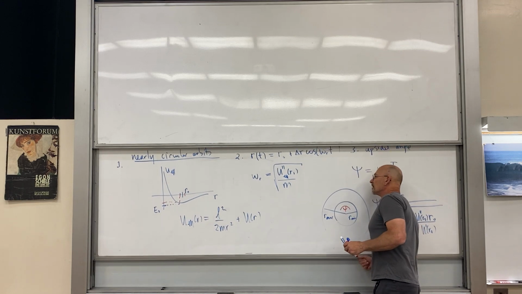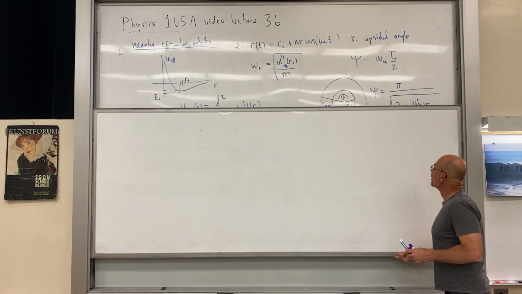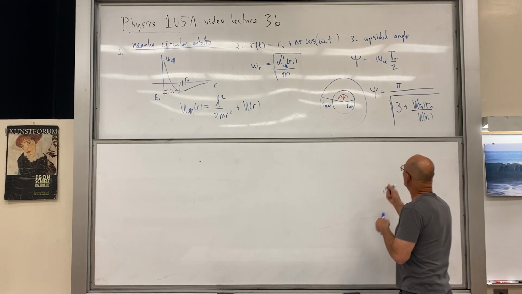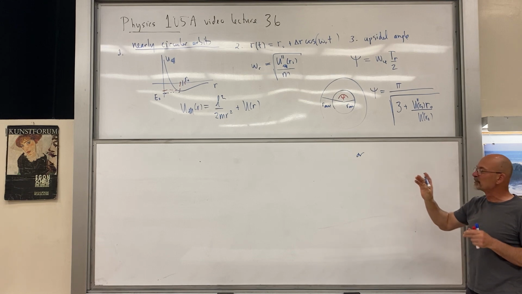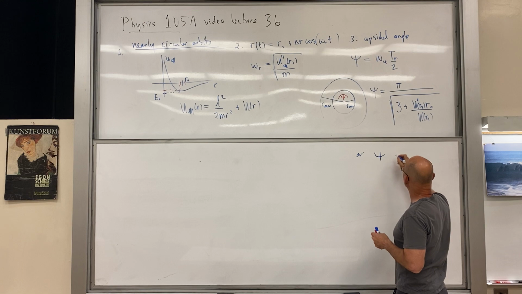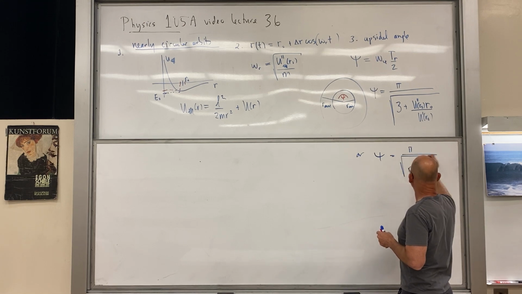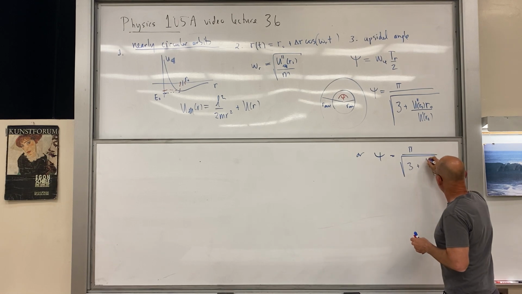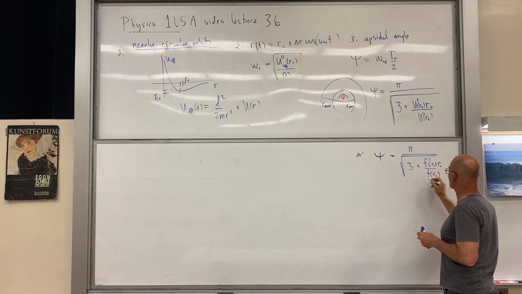For future reference, if we're given the force law and not the potential energy, because we have a second and a first derivative, we can of course also write pi divided by root 3 plus f prime of r0 divided by f of r0.